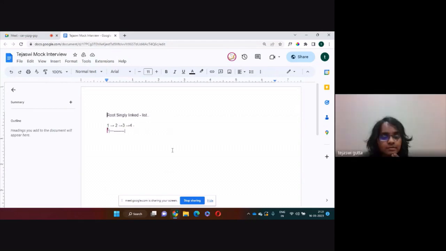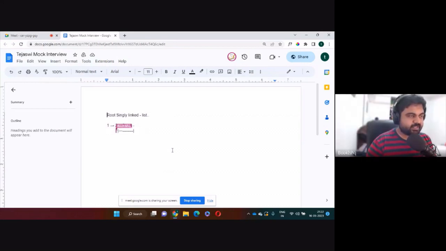It's tough to type here, but you get the idea. In this case, we can see that there is a cycle, otherwise there isn't a cycle. So what would be the approach?